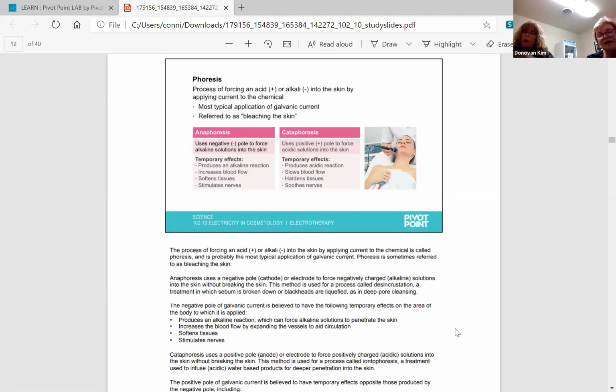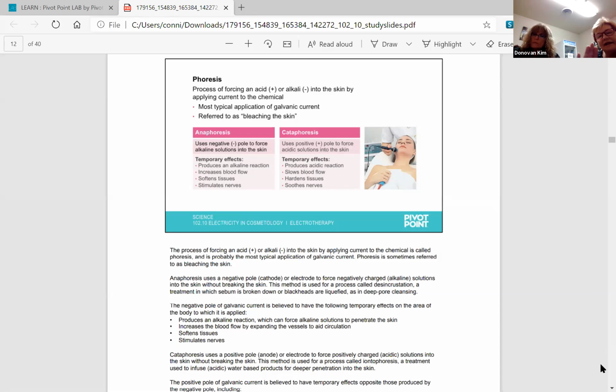We would have to have done a catapharesis to bleach it. So anaphoresis and catapharesis are actually the treatment we're giving that client, okay? I'm gonna give her an anaphoresis galvanic, which is the first part of the facial, and the second part is the catapharesis.